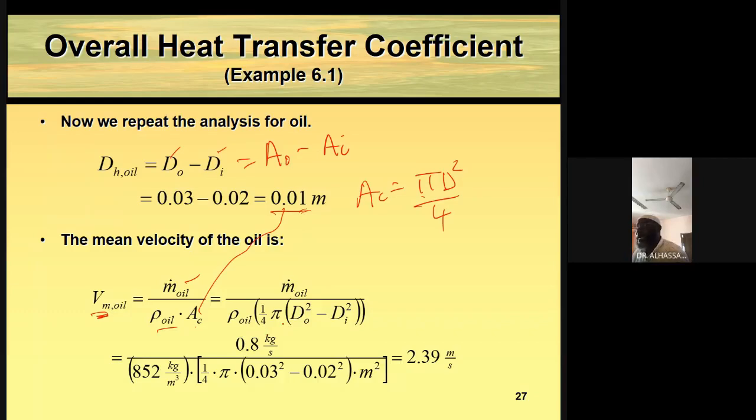So AO, again, for that particular surface area, that will give us 1 over 4 pi, DO squared minus DI squared. Okay, you get the same result. Either you substitute 0.01 directly into this equation, then you find the AC, or you do the solution in this way. You get the same result like this.